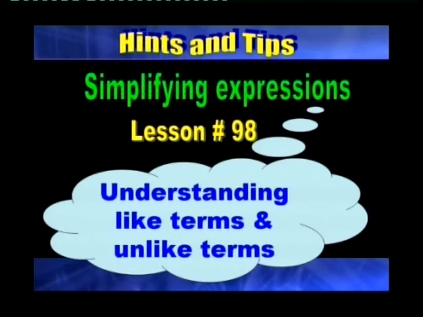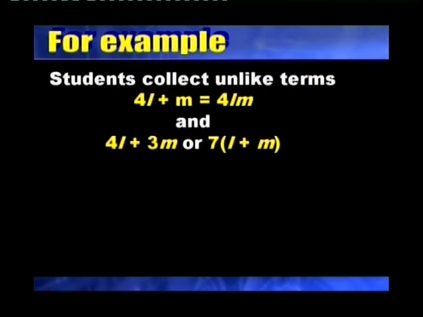For example, students tend to collect unlike terms such as 4L plus M is equal to 4LM, or 4L plus 3M is equal to 7LM, or 7 outside the bracket L plus M. These are simple mistakes that students make during the lesson.